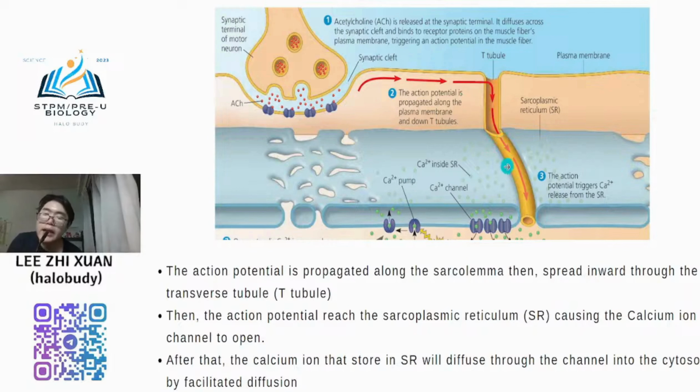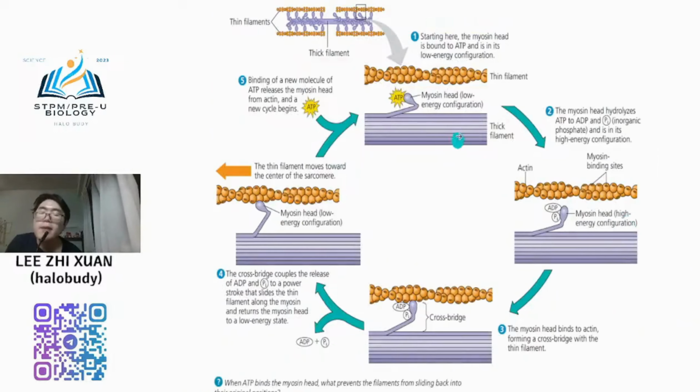When it reaches the sarcoplasmic reticulum, it will cause the calcium ion channels on the surface of the sarcoplasmic reticulum to open, so that the calcium ion will diffuse through the channel into the cytosol of the muscle fiber. Once the calcium ion has entered, it will go through this process of 1, 2, 3, 4, 5. Okay, so we will see one by one.